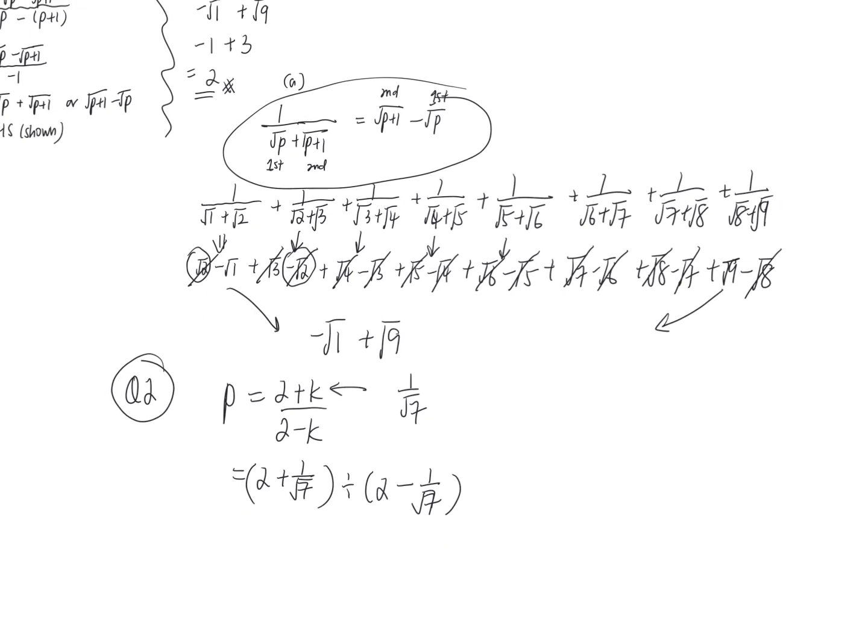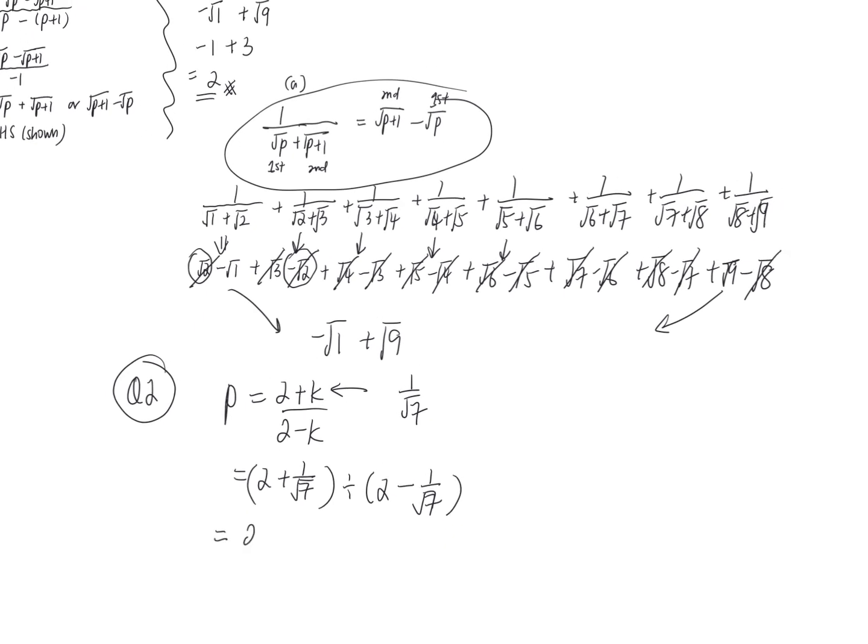Okay, so what you can do is make this into one fraction. Combine into one fraction first. This one you also combine into one fraction. So what I'm doing is I combine these two into one by making them have the same denominator. Okay?